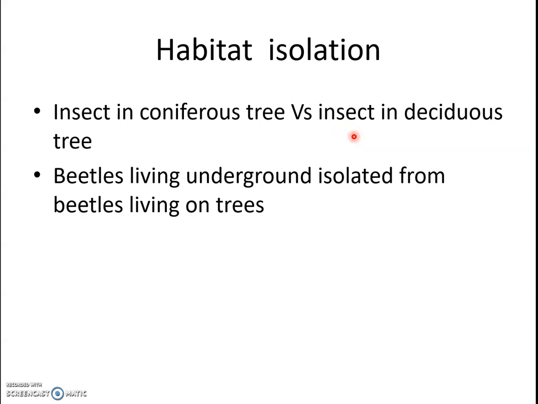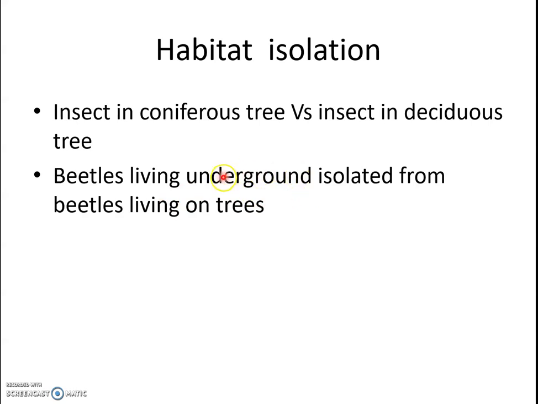Even though they are residing in the same forest, interbreeding is prevented between these two insects due to their habitat preference. Another example which can be considered is beetles. Some of the beetles live underground.